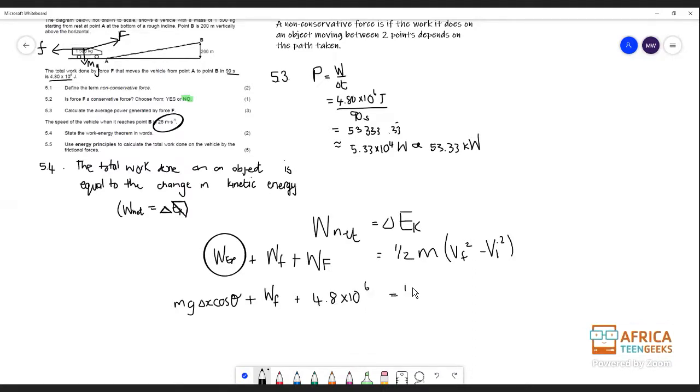On the other side, you've got a half times the mass. And they told us that the mass of our car, it's cut off here, but it's in there, is 1,500. And then your final velocity is 25 squared minus 0 squared because you started off over here at rest, which they tell you there in the story, 0.8.